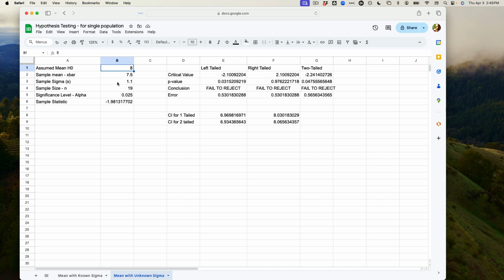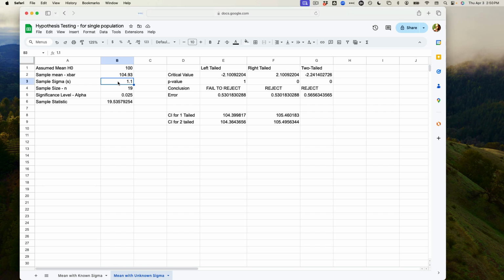So let's adjust the numbers here. Mean shopper spends on average $100 per trip. The sample mean was 104.93, right? Let's double check. Yes, 104.93.